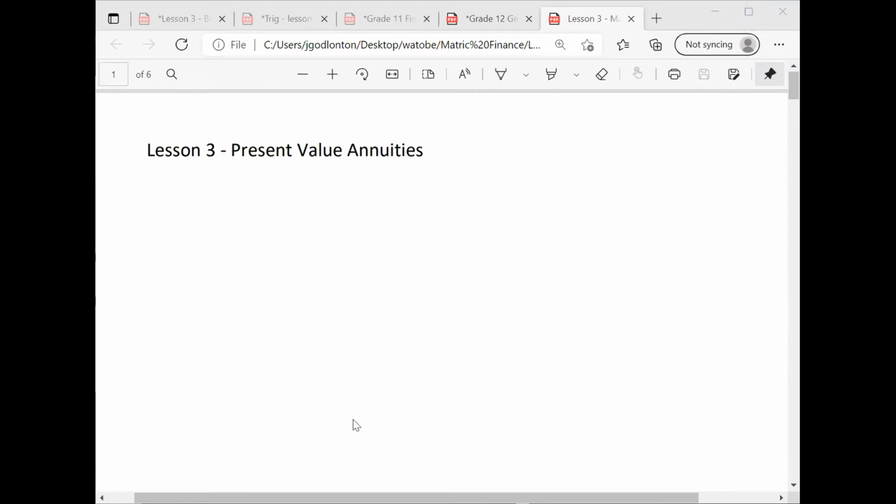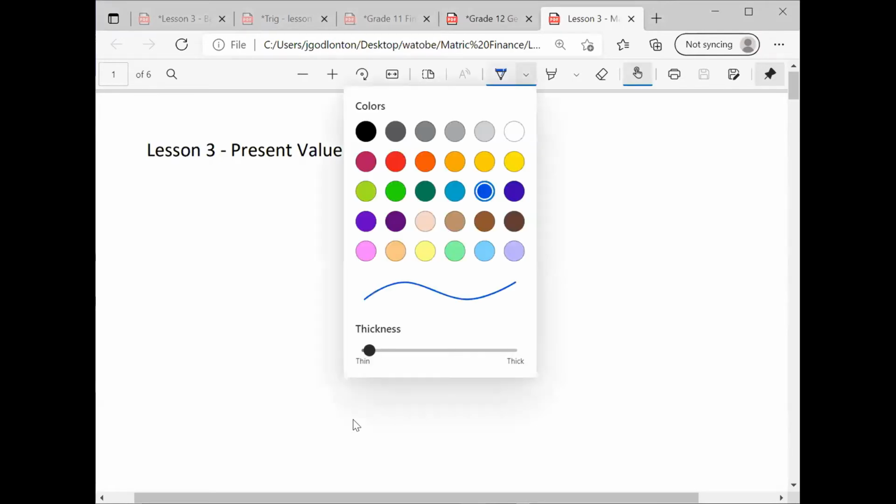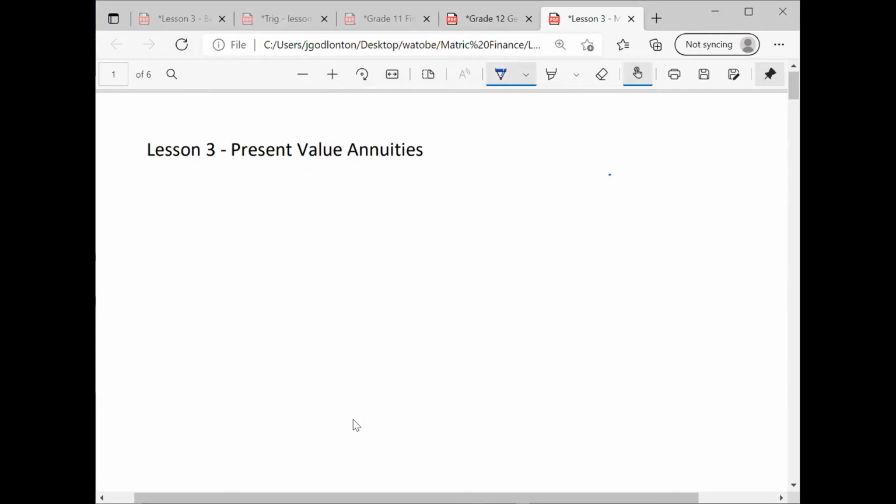Okay, present value annuities. In our lesson last week, Thursday, losing track of days, we did future value annuities. When we were talking about future value, we were talking about things that we're saving up for, something that's going to be happening later down the road, in the future.